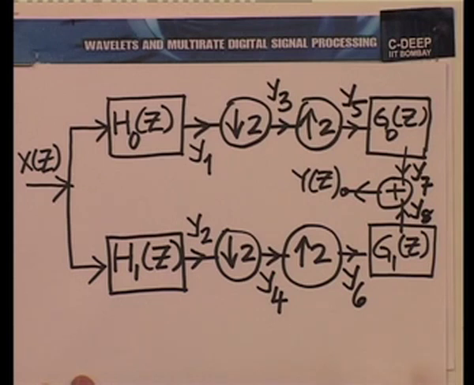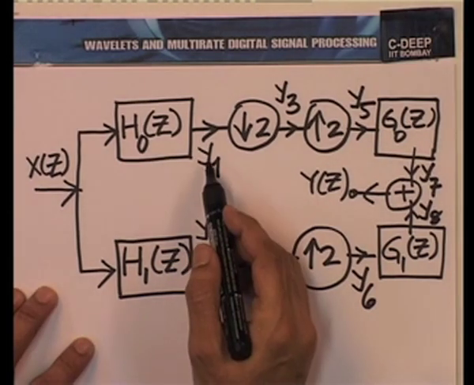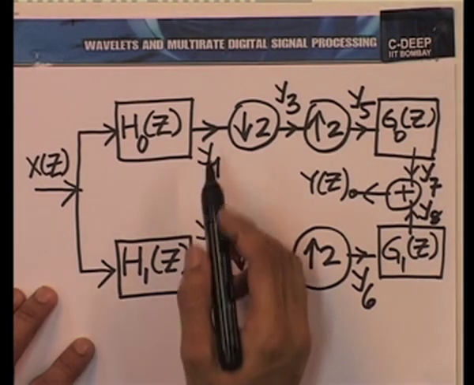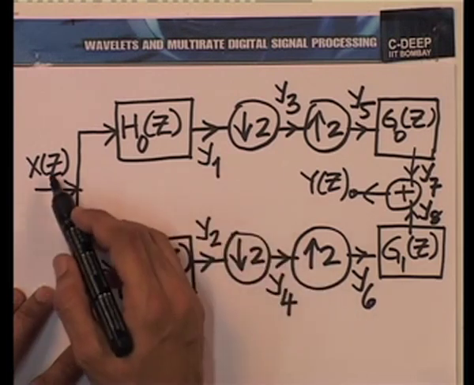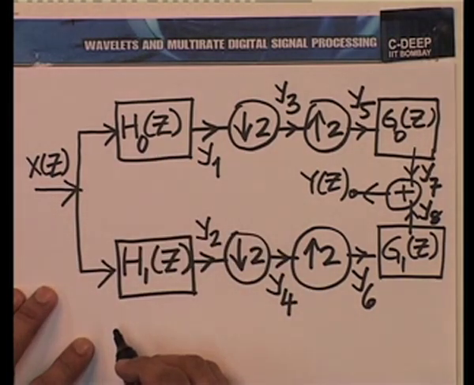So, with this then, let me write down the expressions for each of these. So, let us begin with y 1. Y 1 is easy and so is y 2. In fact, if we look at the Z domain relationships, y 1 z is simply x z times h 0 z.